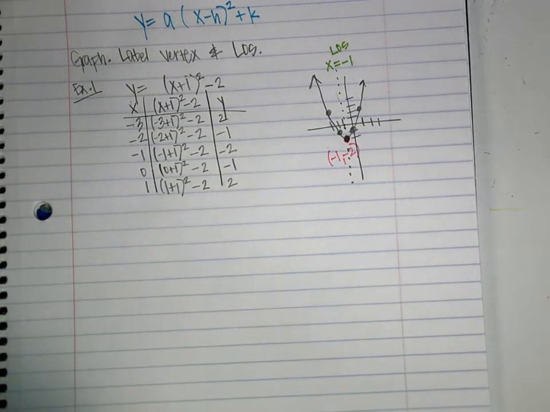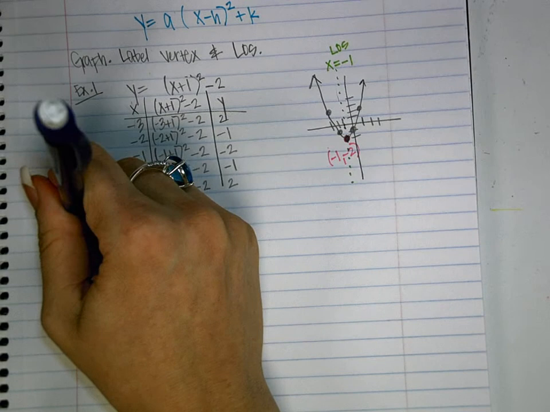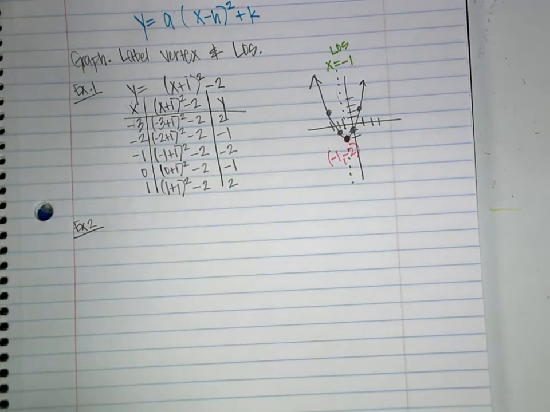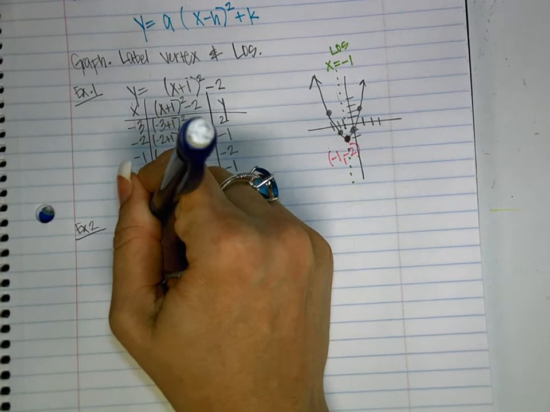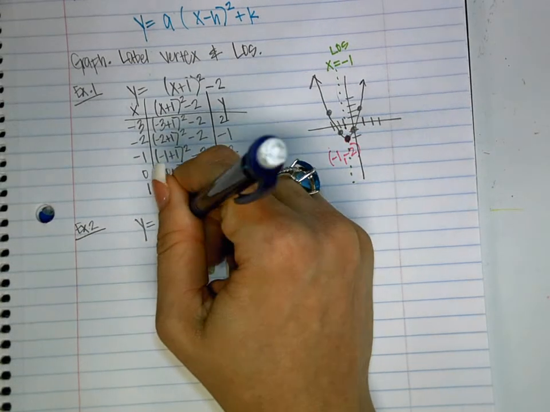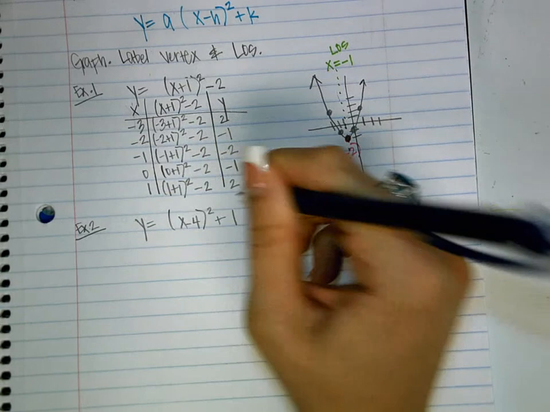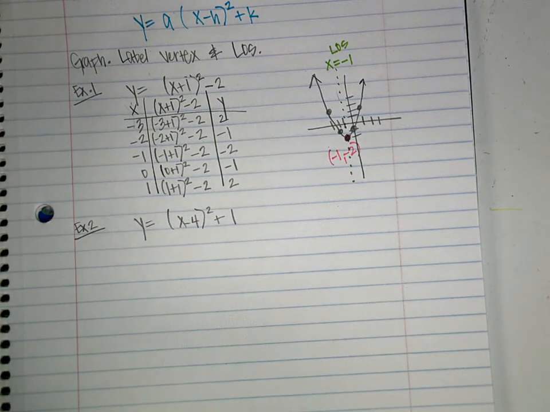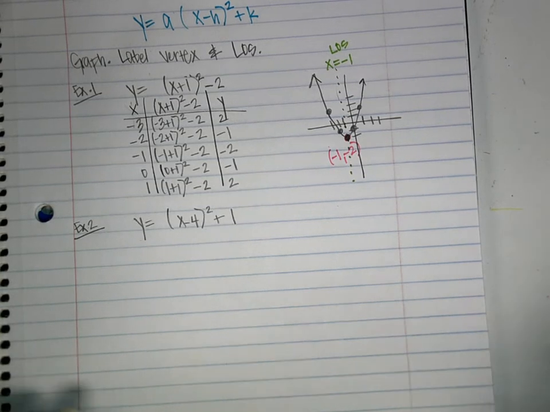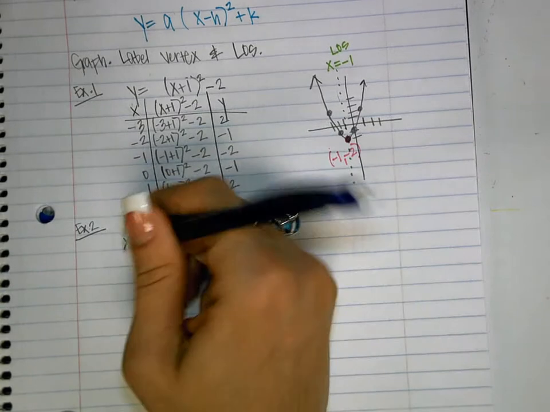Okay, let's try another one. Number 2, same thing. Graph, label line of symmetry, and vertex. Number 2, if I give you y equals (x minus 4) squared plus 1. Same thing, we're going to make a table of values. We always start with x.